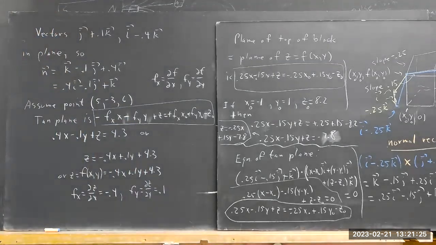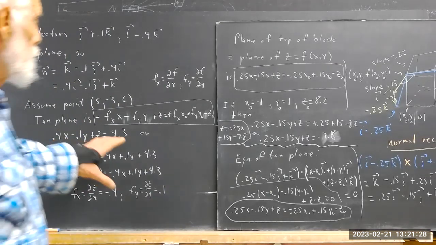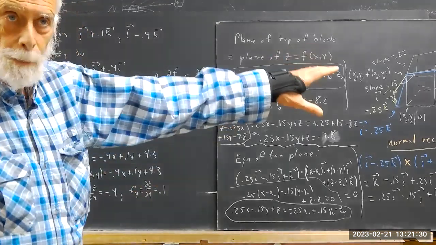That's 0.1. And so that's relating these partial derivatives, this function, to the picture and to the block.